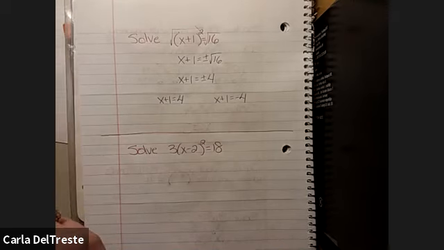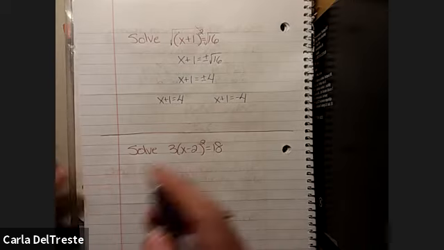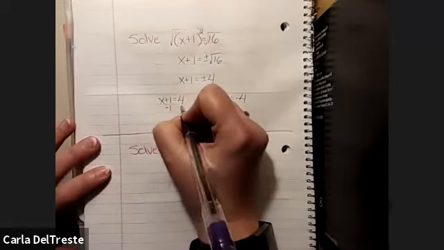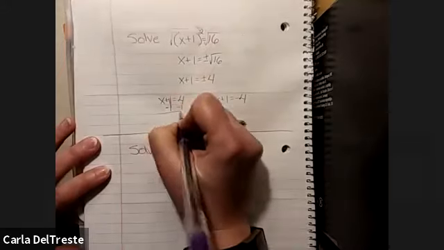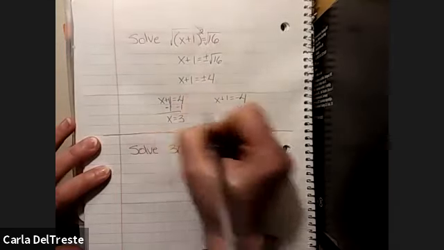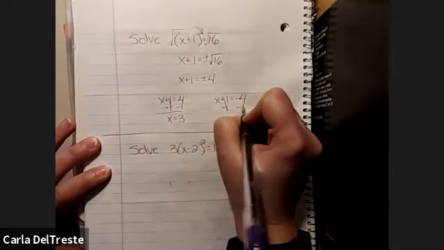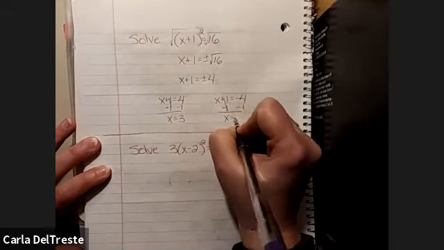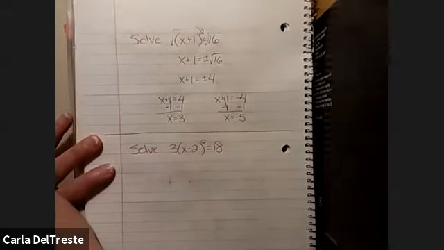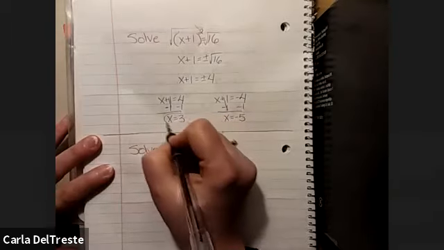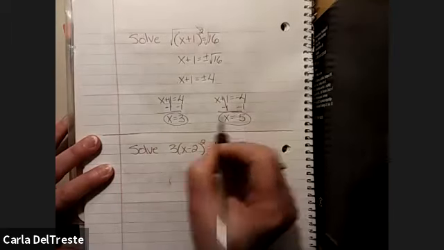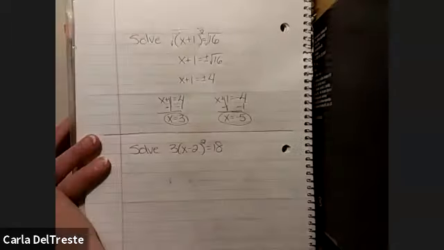So when I subtract 1 from both sides, I get x equals 3 or x equals -5. Both of these are the solutions to the original equation.